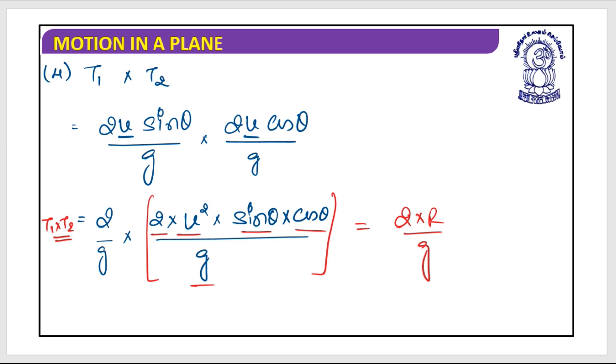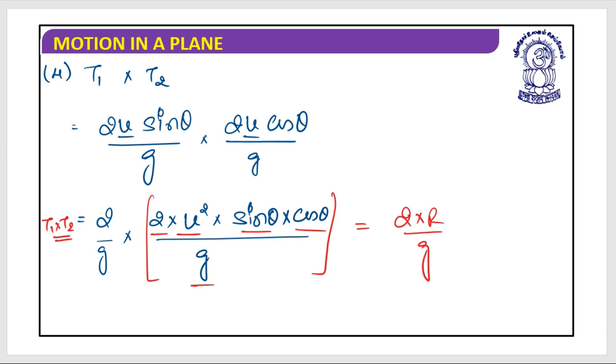You can take 15 degrees and 75 degrees; even though you may not know the value of sine 15 or sine 75, you must know that T1 into T2 is equal to 2R by g, H1 by H2 is tan square theta, and T1 by T2 is tan theta. So please remember this. These are very important applications, and so many questions can be found on this. Yes, are you done with this?